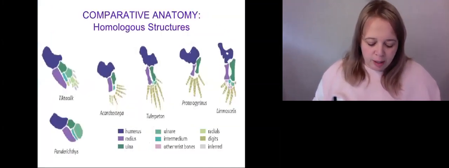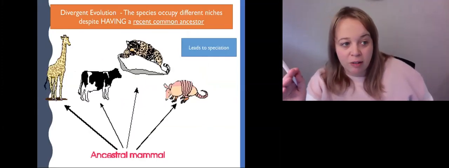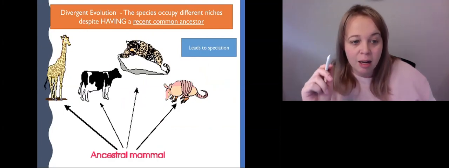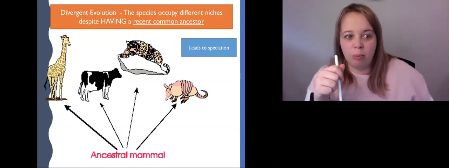Now, these are often an example, and again, don't need to fill in the notes on divergent evolution because you shouldn't be asked, but I'm going to go through it anyway because I cannot believe that they've cut this little bit from the course.